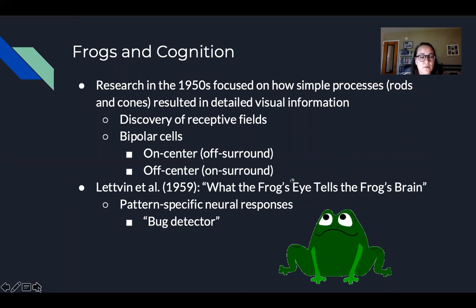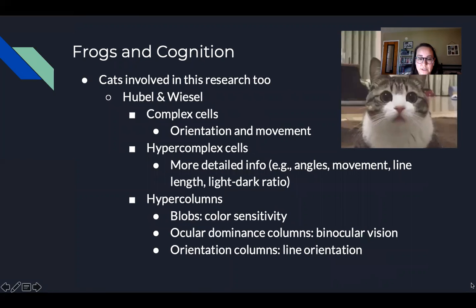And so following this frog research, cats ended up getting involved too. And so researchers Hubel and Wiesel found that there were specific neurons in a cat's visual cortex, so the visual part of the brain, that would respond when a column of light was flashed on the retina at a certain angle, and also at that angle when it would move.